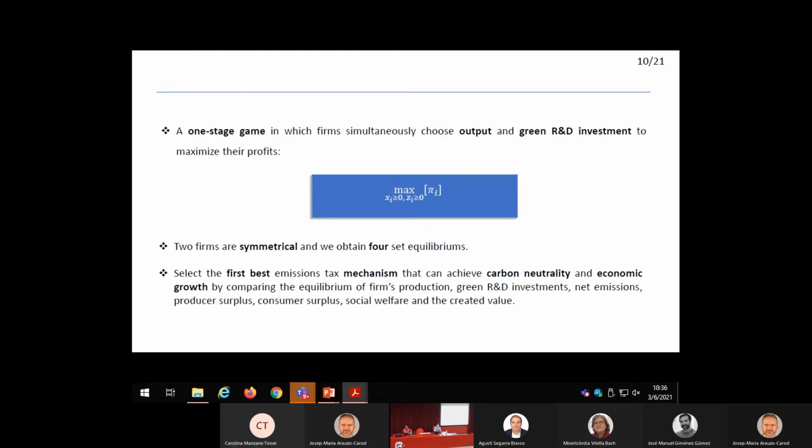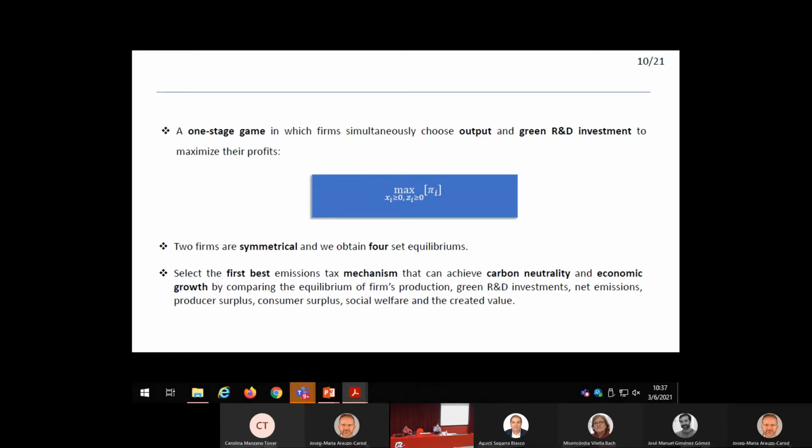So then we examine a one-stage game in which firms simultaneously choose output and green R&D investment to maximize their profit. And we assume these two firms are symmetrical, and we obtain full set equilibriums.